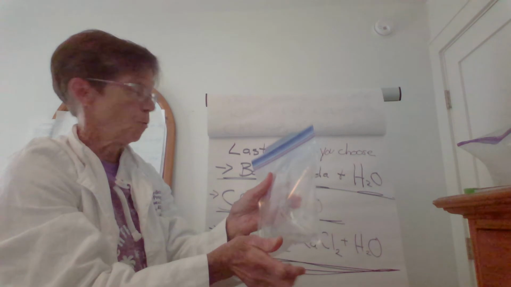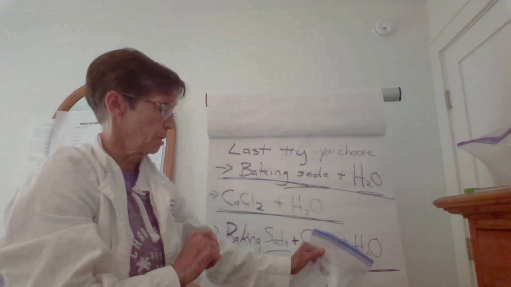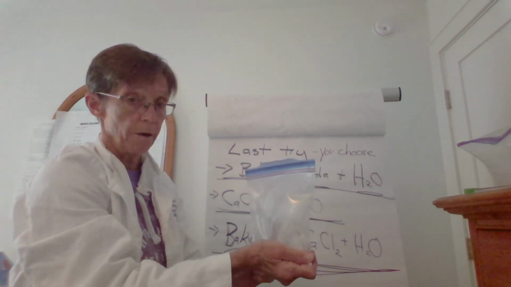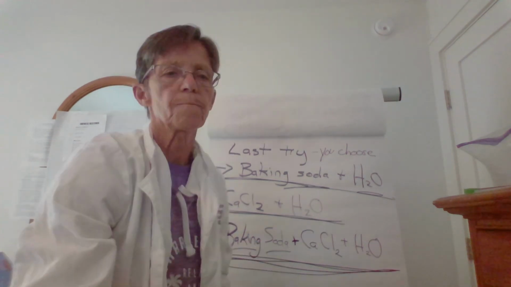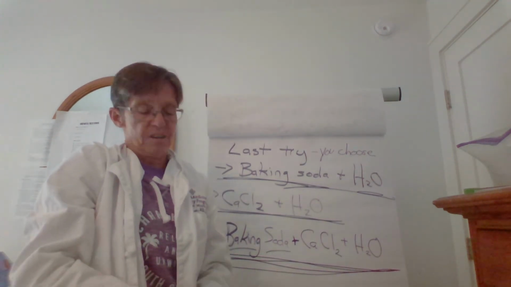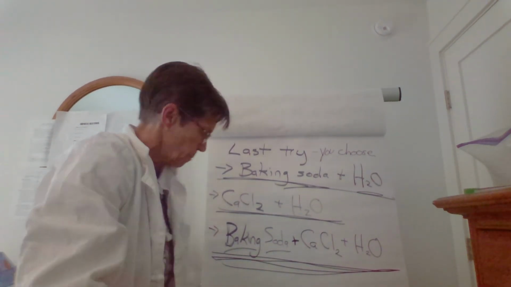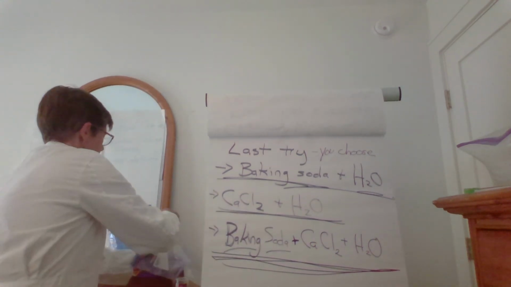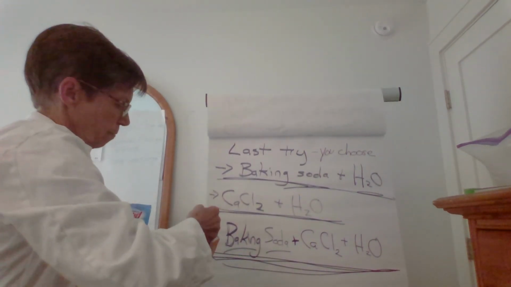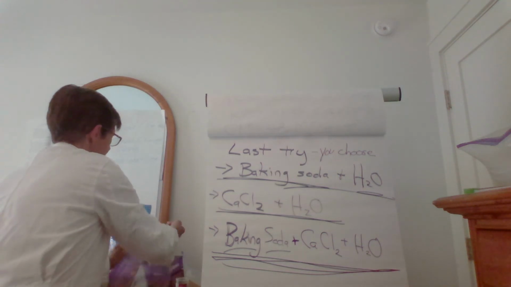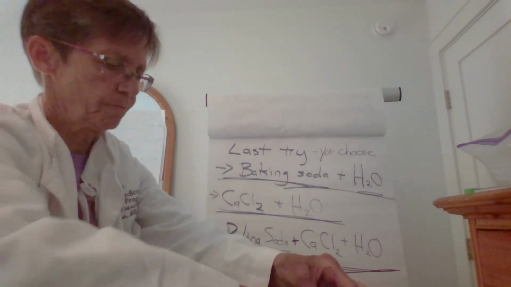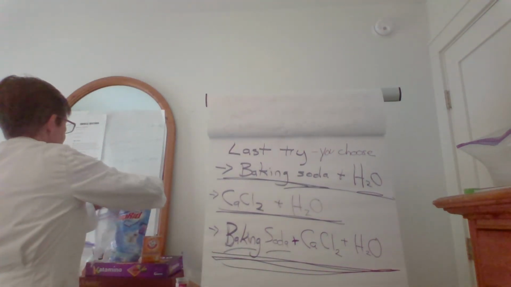So now we are ready to try the baking soda, the calcium chloride, and water. All right. So I'm going to pause it. All right. This is it. Very last one. I can get my Ziploc bag in there. All right. Ready? Ooh. On the last one. Baking soda. Got it.